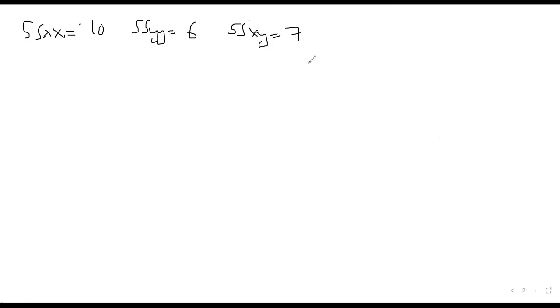Okay. Our summation of X was what? 15. Summation of Y was what? 10. And our N was what? 5. So to find the b, it is XY over XX.